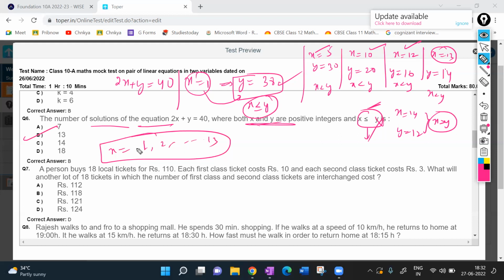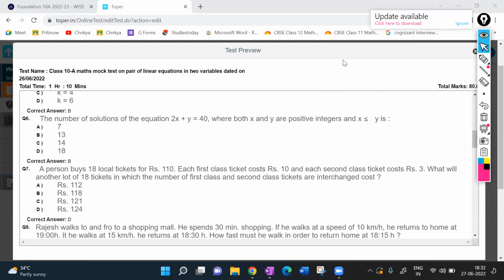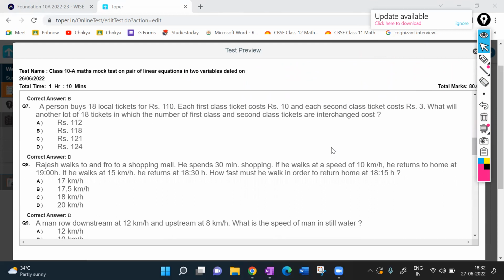Next. Let me clear the screen. Next. A person buys 18 local tickets for 110 rupees. Each first class ticket costs 10 rupees and each second class ticket costs 3 rupees.